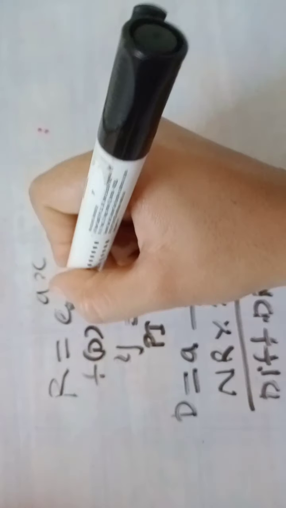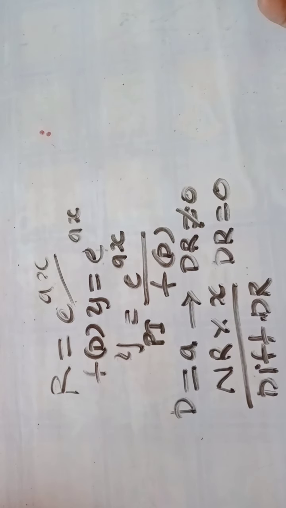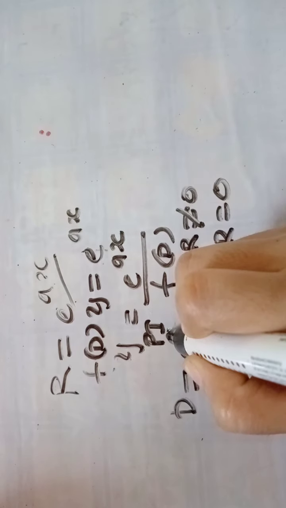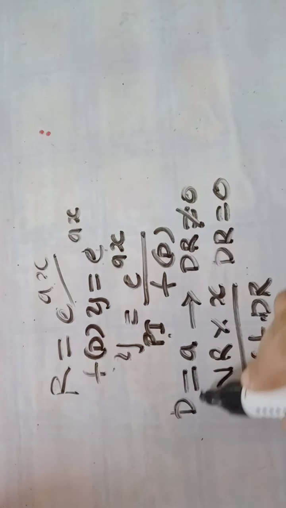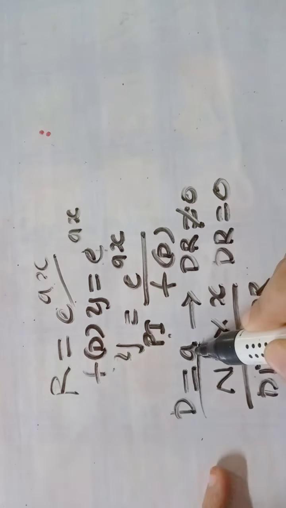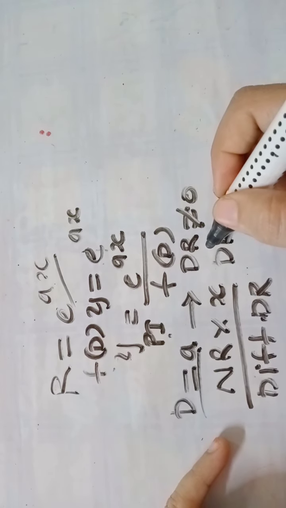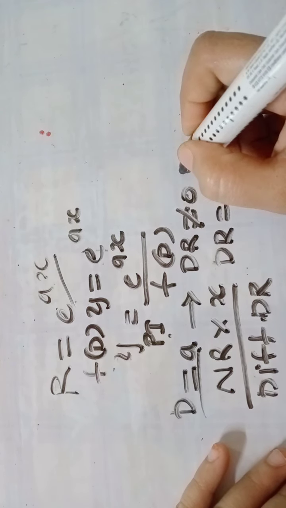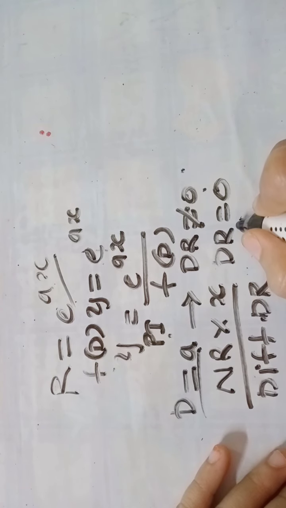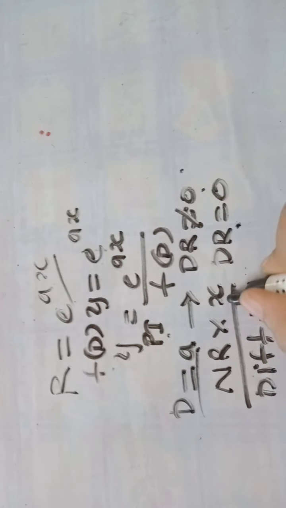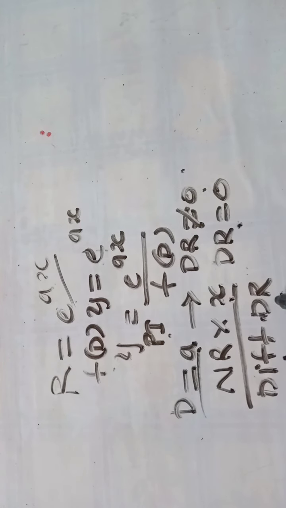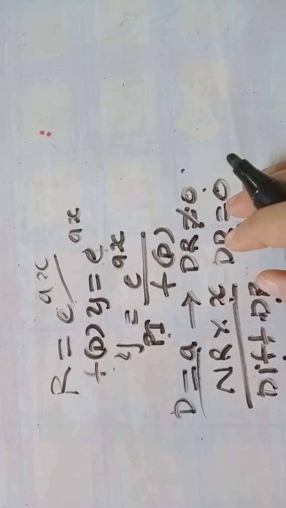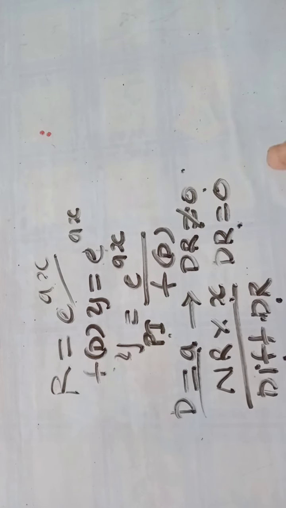If the right hand side of a non-homogeneous equation is an exponential function, we have to find the particular integral by this method. We put D as a, and if the denominator is not equal to 0, we do the calculation. If the denominator is equal to 0, we multiply the numerator with x and differentiate the denominator, and we do the same thing again if the denominator is again 0.